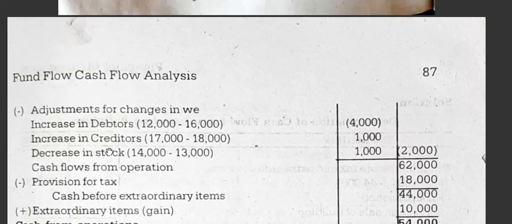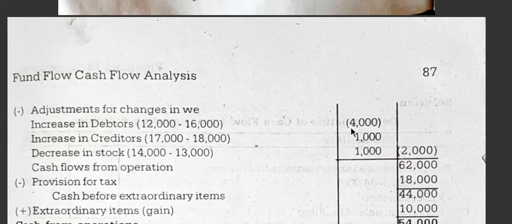Increase in creditors: if you check the problem, increase in creditors results in a decrease in working capital, so write as it is. There is no outflow. Decrease in stock results in a decrease in working capital, so there is inflow, so write as it is.